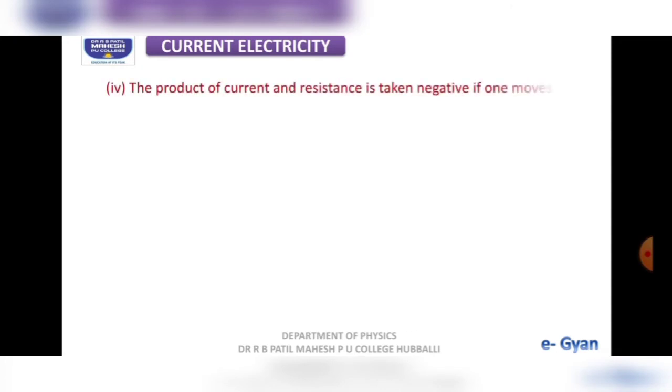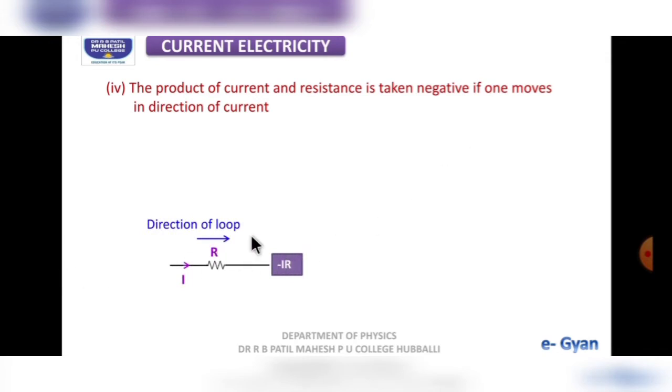Fourth point, the product of current and resistance is taken negative if one moves in the direction of current. As you know, current moves from higher potential to lower potential. That means it moves in decreasing potential. Since the direction of loop is along the direction of decreasing potential, the IR product is taken negative.